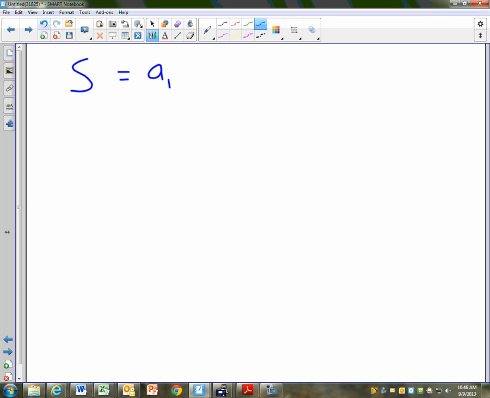Your second term, you take a sub 1 and multiply it by r. Your third term, you take a sub 1 and multiply it by r times r again, which will be a sub 1 times r squared. I always take the previous term and multiply it by r.